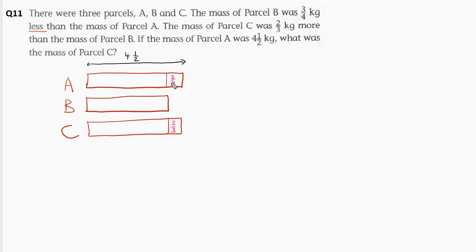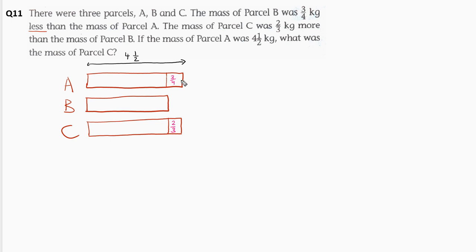Right, well, this is in quarters and this is in halves. And what are we going to do? Well, we want to find out what the value of this is, okay? Because we want to use this to help us identify what the mass of B and C are, okay? And this is the start point that we have.